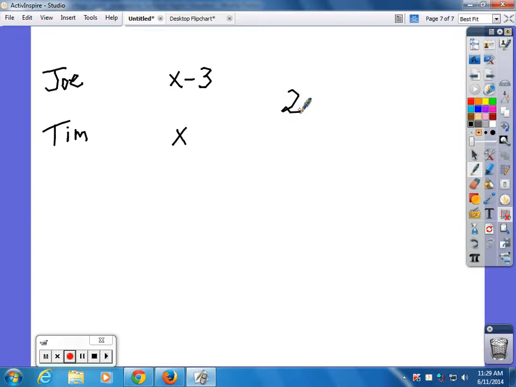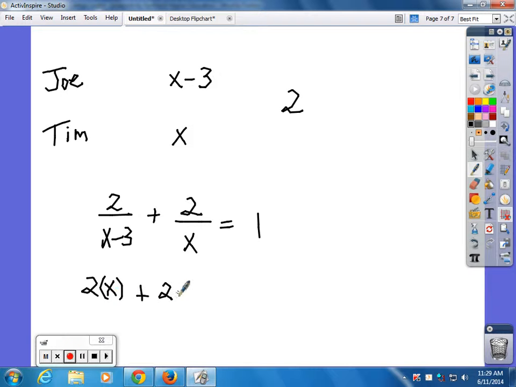So that would be 2 over x minus 3 plus 2 over x is equal to 1. 2 times x plus 2 times x minus 3 is equal to x times x minus 3.